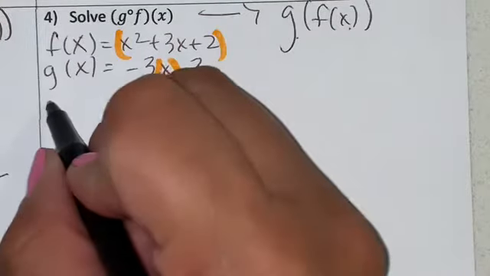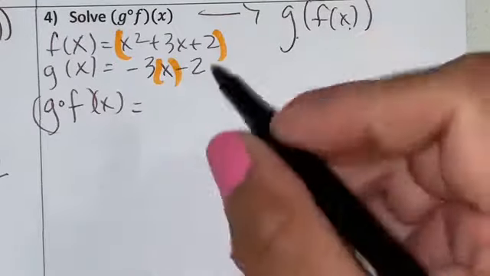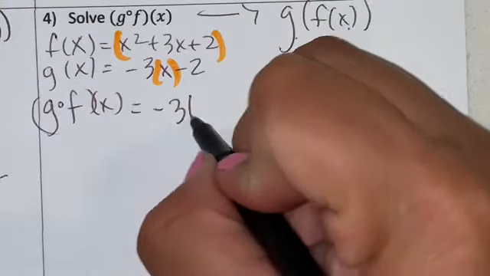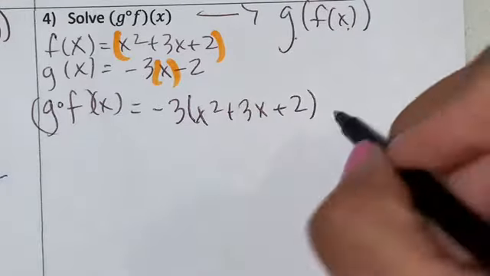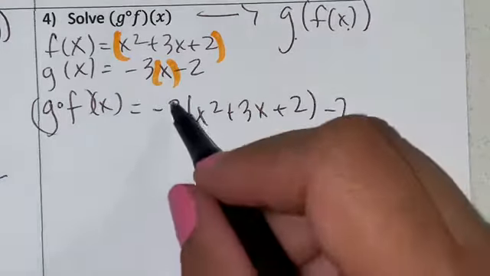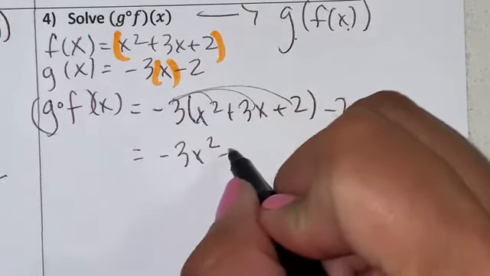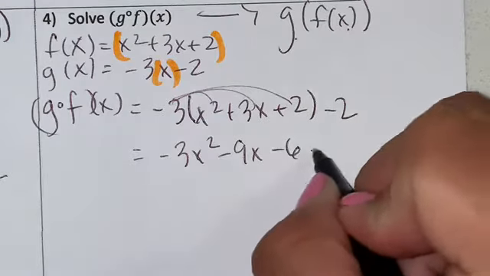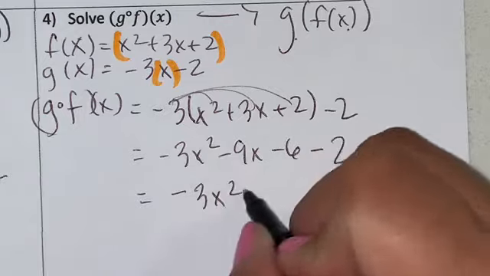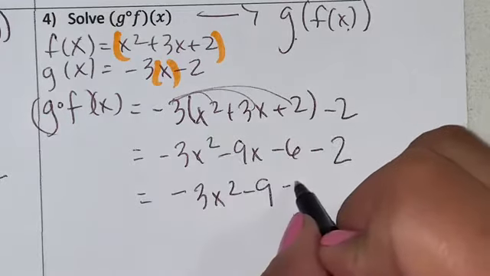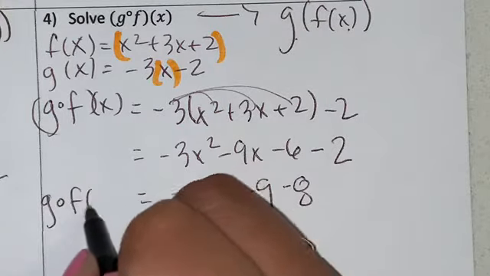So g of f of x equals negative 3 times x squared plus 3x plus 2, minus 2. I distribute: negative 3x squared minus 9x minus 6 minus 2, equals negative 3x squared minus 9x minus 8. So that is my solution.